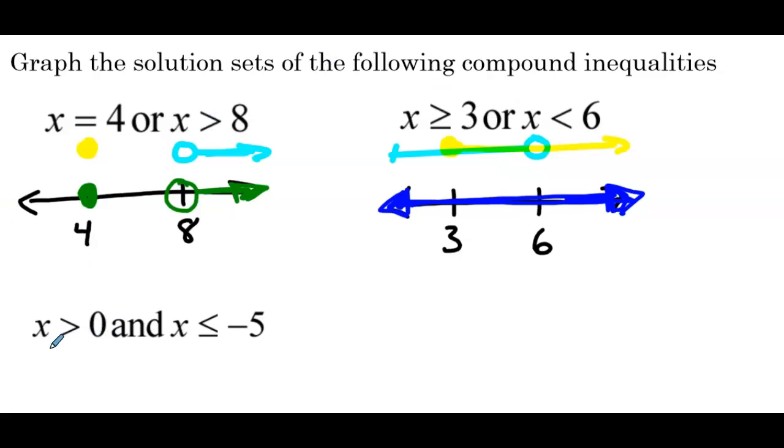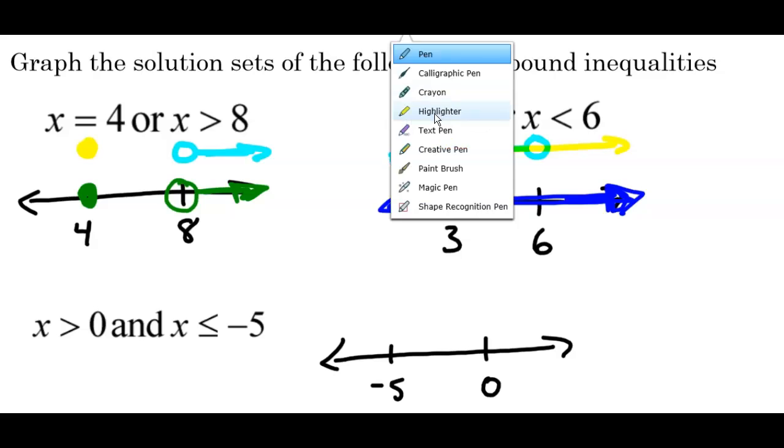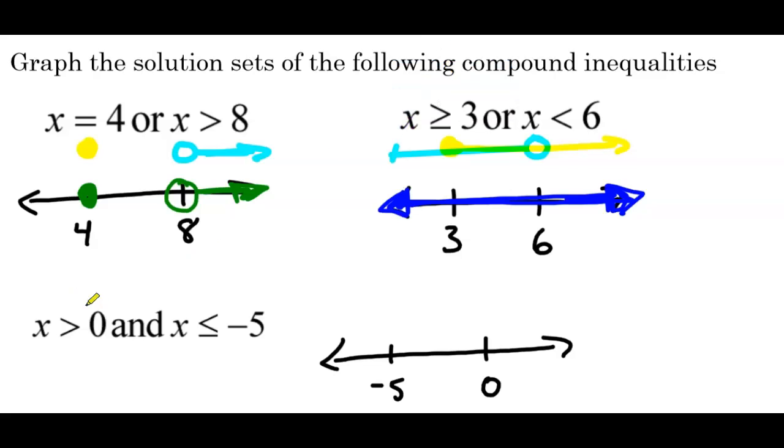Now the last one, x is greater than 0 and x is less than or equal to -5. So we have -5 and we have 0. So x is greater than 0, so open point, shade to the right. x is less than or equal to -5, so closed point, shade to the left.